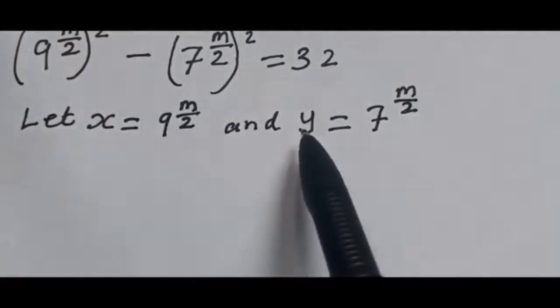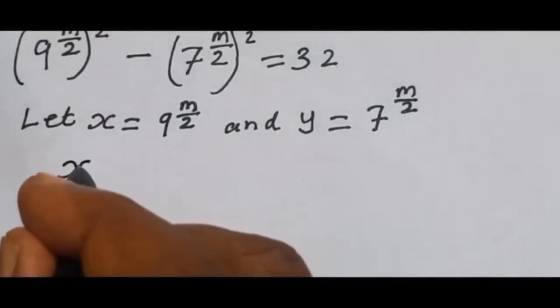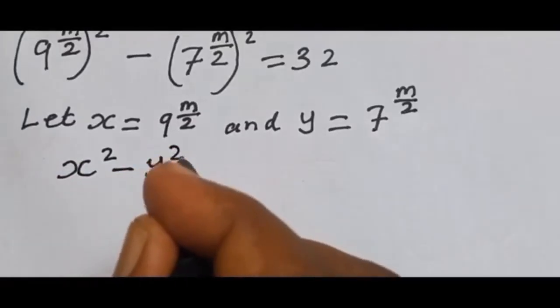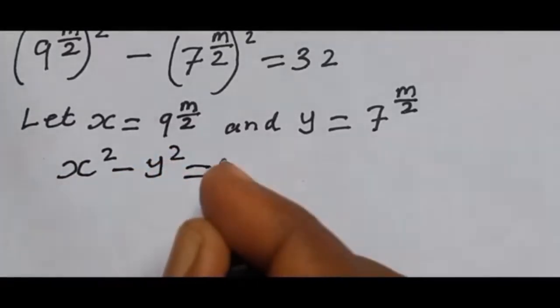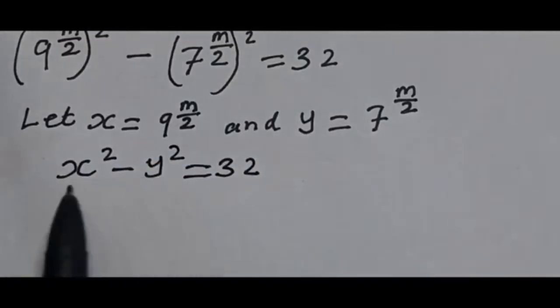So substitute x here and y here. So we have x squared minus y squared equals 32. This is the difference of two squares.